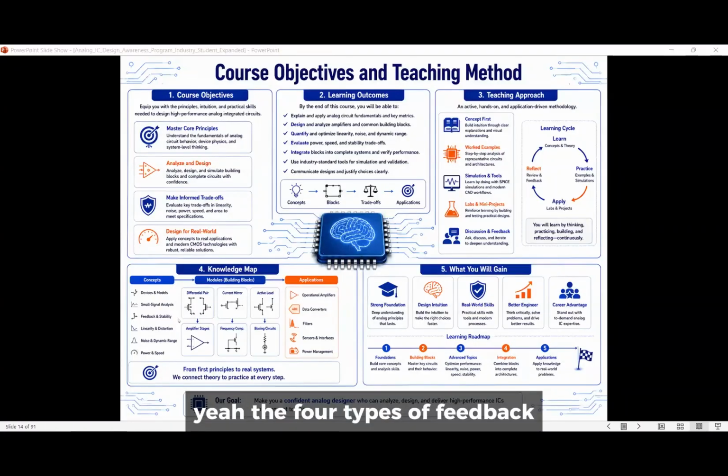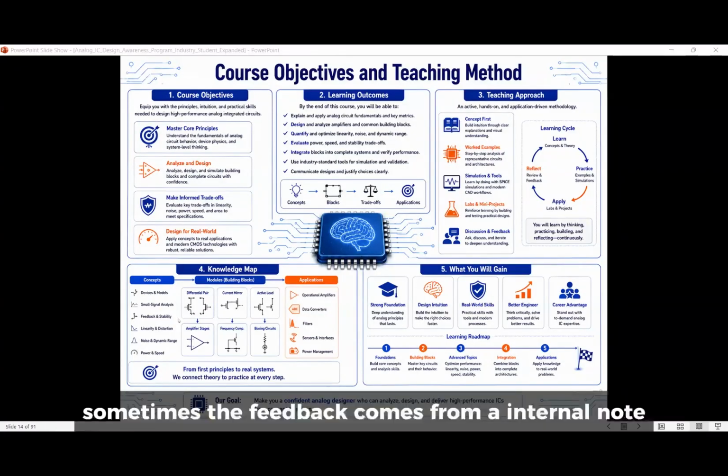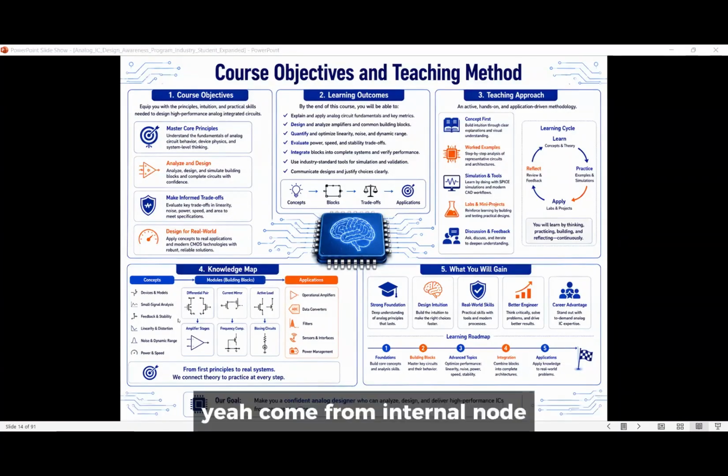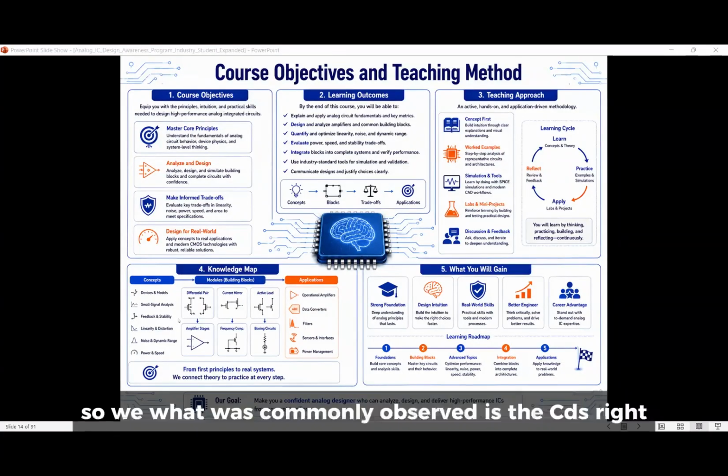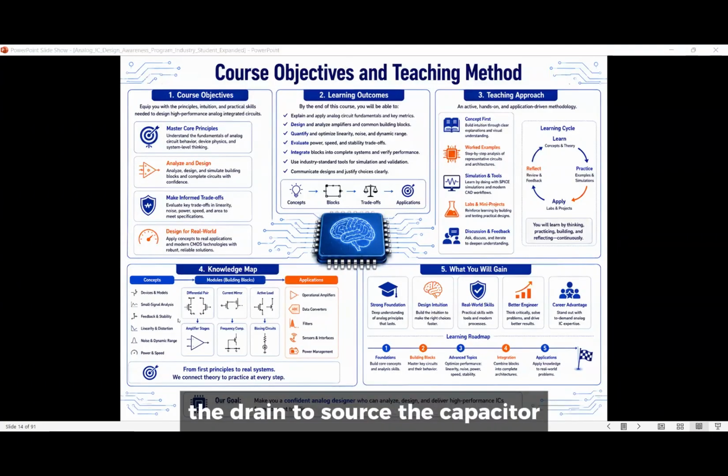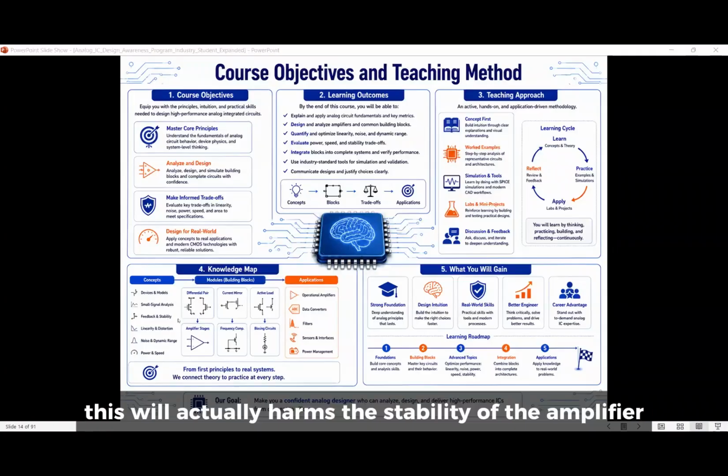Sometimes the feedback comes from an internal node, commonly the CDS, the drain to source capacitance, which creates an internal feedback path. This will actually harm the stability of the amplifier.